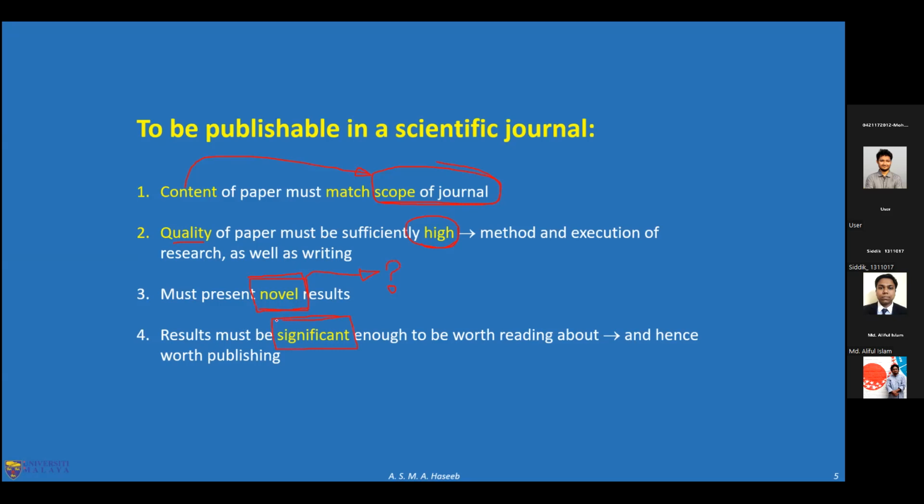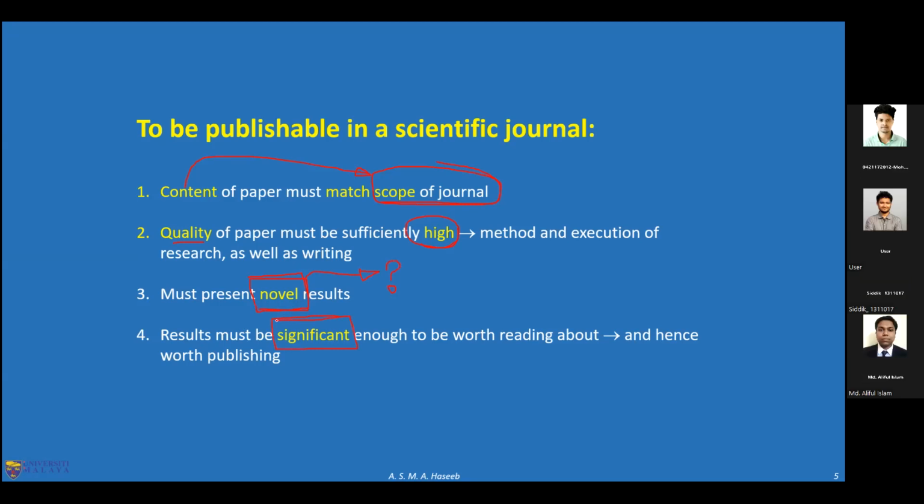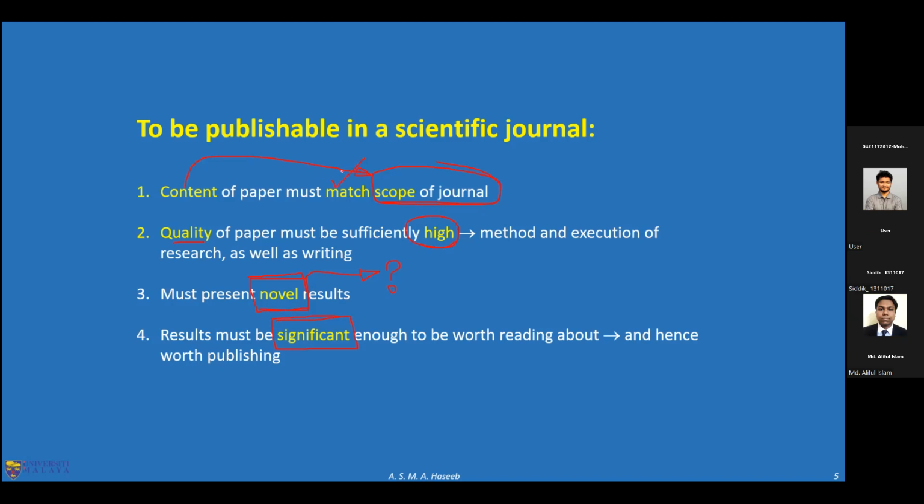It has benefit to the academia or to the industry, or both, or to the society in general. So if you could do that, it matches the scope of the journal, its quality is high, it's novel, it's significant, then the chances of your paper being accepted is high.